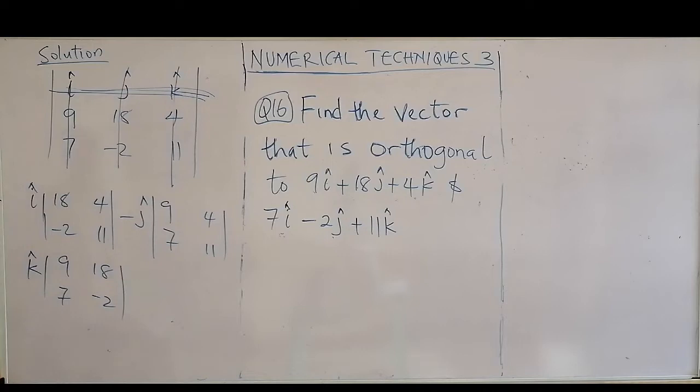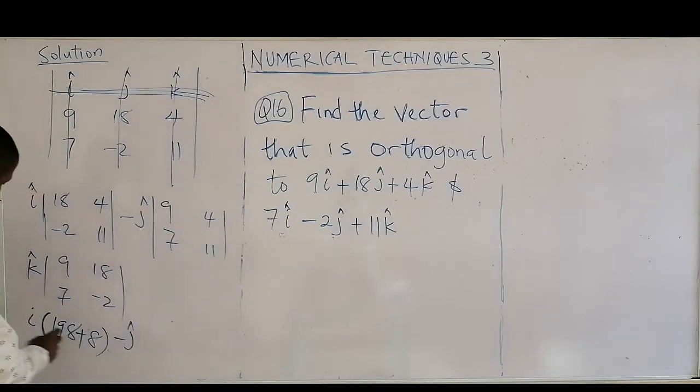So let's get the value. That will be i into bracket: this one times this one, 18 times 11, that's 198. Then minus 2 times 4, that's minus 8. Minus minus 8, that's plus 8.